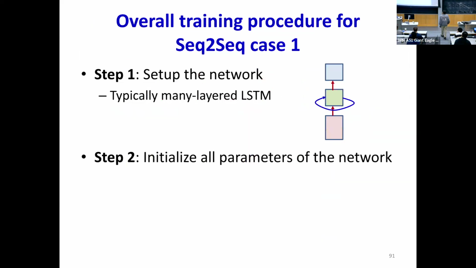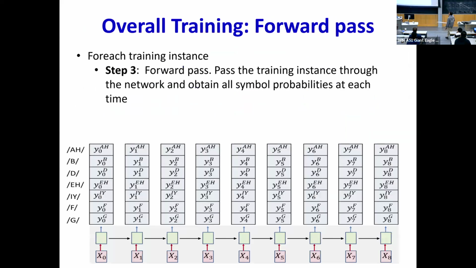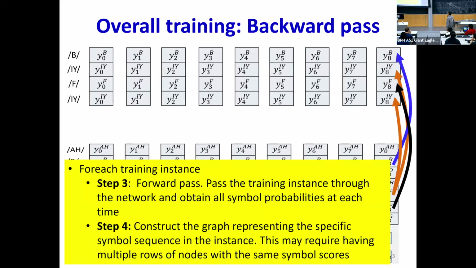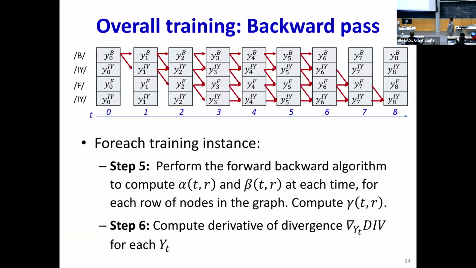So here's what we'd have, right? You'd set up the network, typically a many-layered LSTM, and initialize all the parameters of the network. Then in the first forward pass, you'd compute the output probability table. Then from this, for each training instance, you're going to pull out the appropriate rows from this table to construct the reduced table and the graph from it.